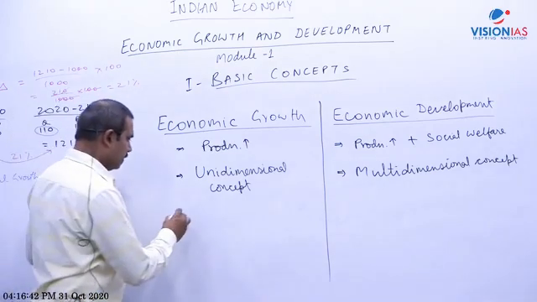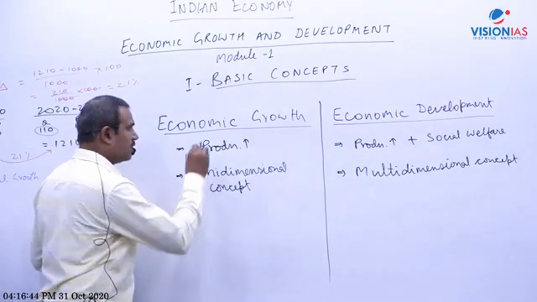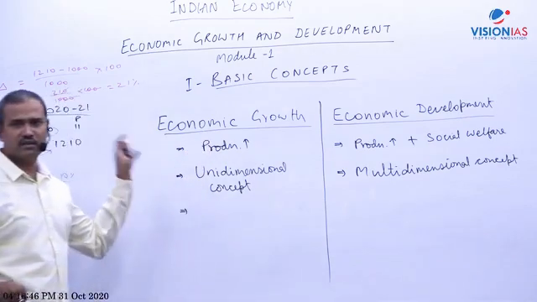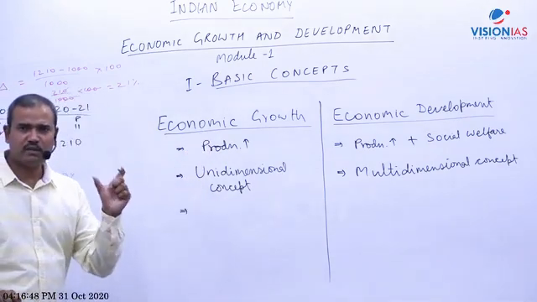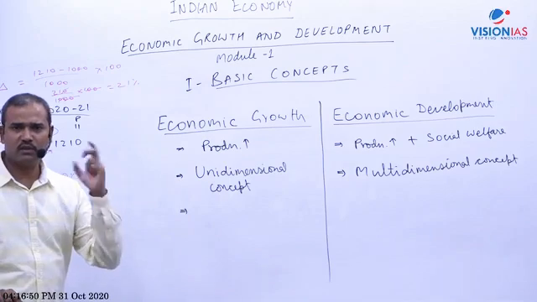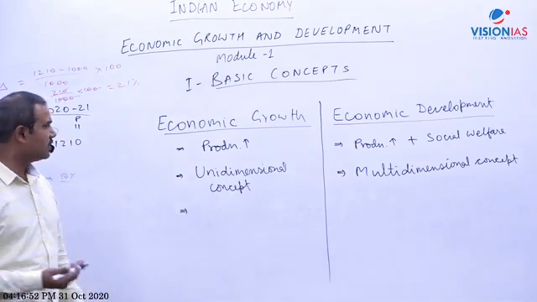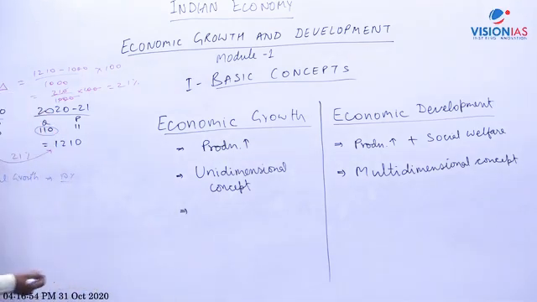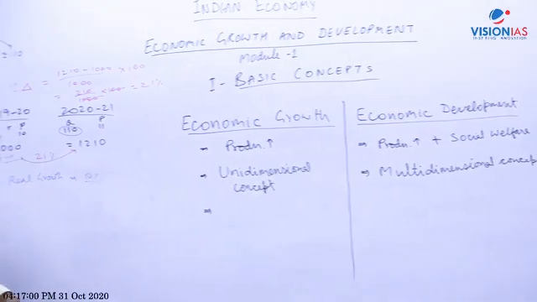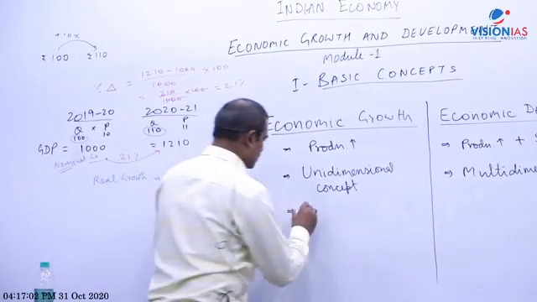Okay, now can we quantify economic growth? Can we measure this? Is it possible? Can we measure in numbers, saying growth is this much percentage? So obviously we measure by GDP. We have quantified it. Actual growth is 10%. Last year 100 goods, now 110 goods this year. So growth is 10%. So it is a quantitative concept.